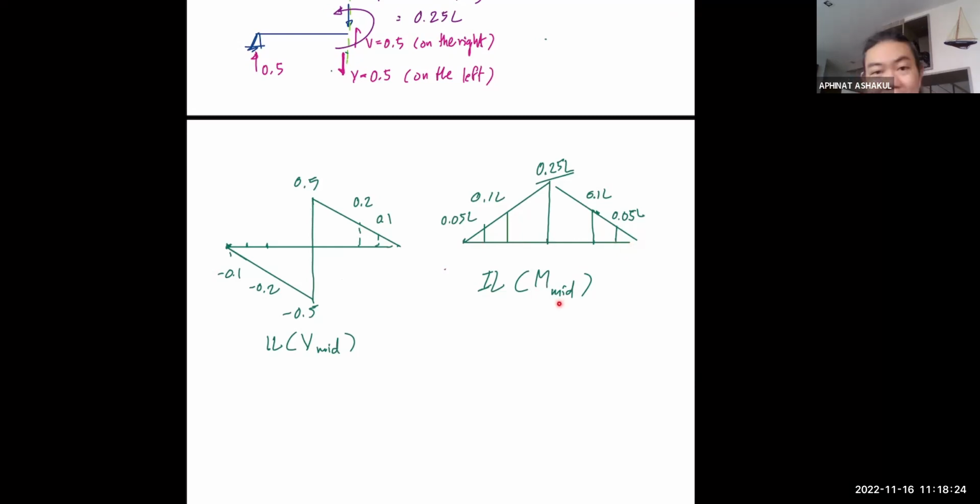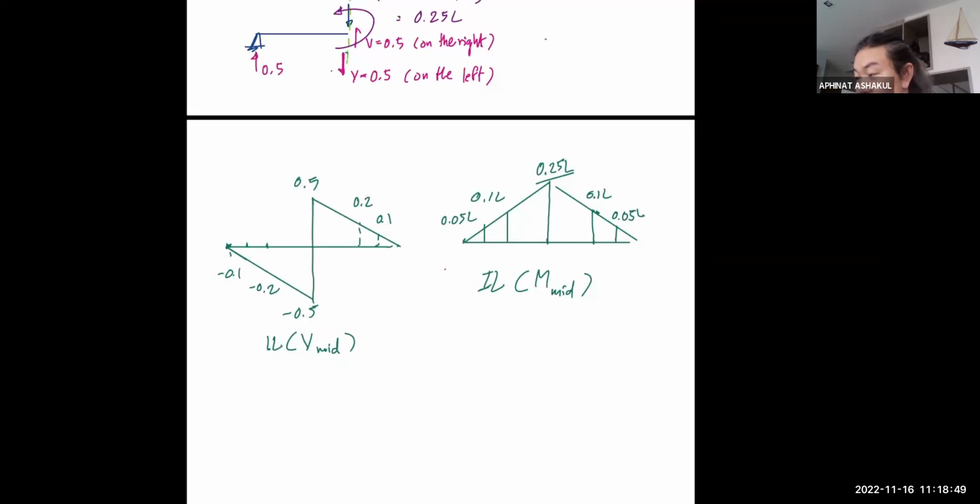It's just the moment at midspan only of your beam where the load is at each location. So this is not the graph that shows moment at every location. It's just the moment at midspan when the load is at these locations. Likewise with the shear.